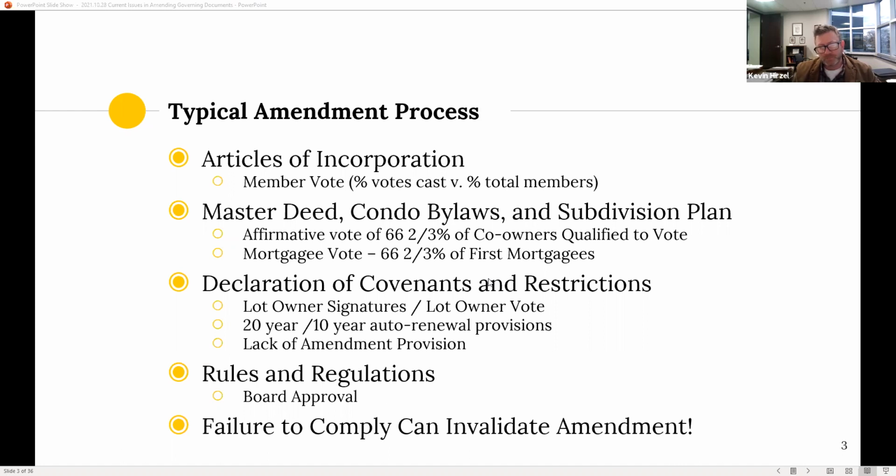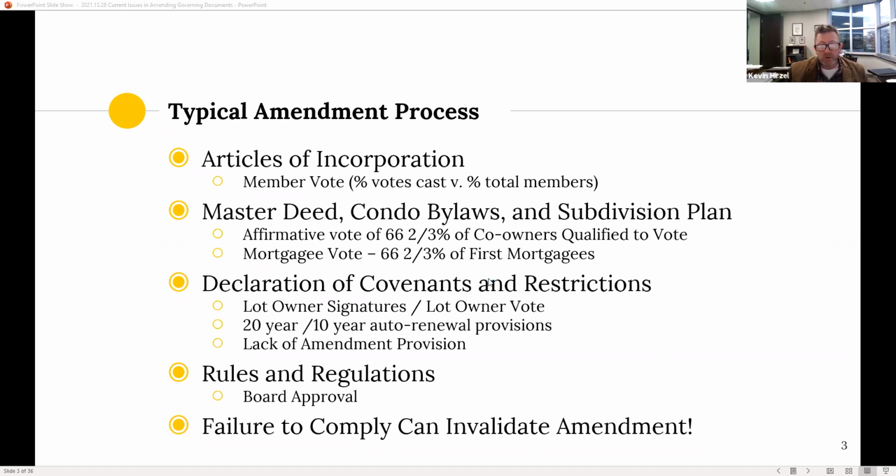A declaration of covenants and restrictions is, from a document standpoint, similar to a master deed in the sense that it's going to control what people do. But because it's entirely a matter of contract, the method of amending it is going to be based upon what the original developer, the original declarant, put in those documents.